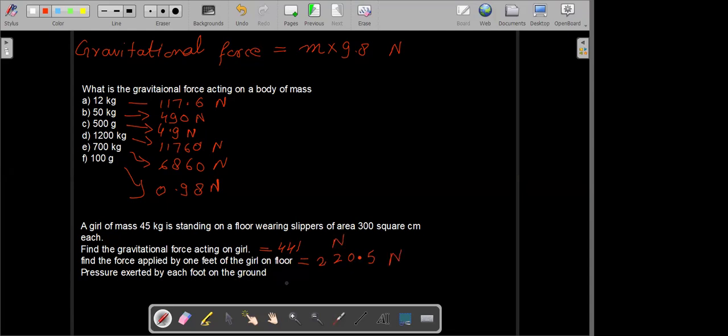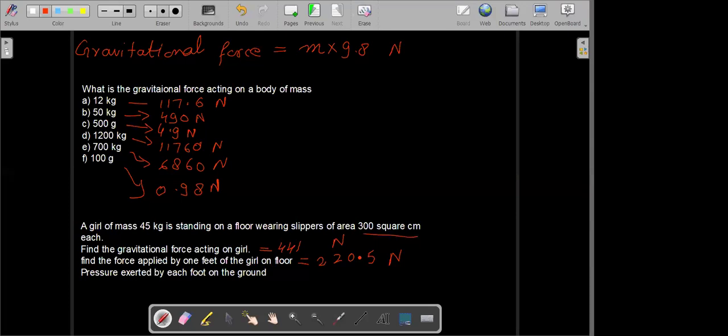For the next one, you have to find the pressure exerted by each foot on the ground. The formula for pressure is force per unit area. Okay, what did you get? For finding the pressure, you will be taking your area in square meter.